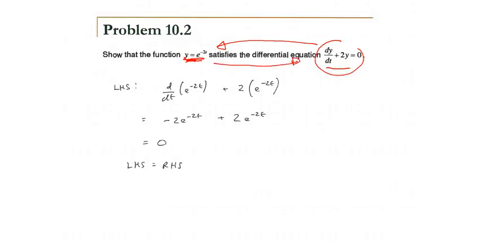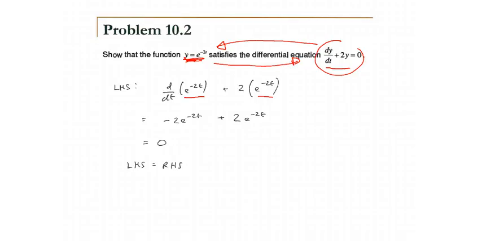First of all, we'll substitute the y expression into the two components on the left hand side. So I've got d/dt of the y equation, plus 2 times the y equation.